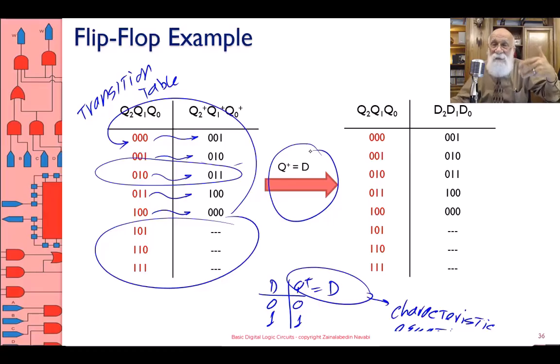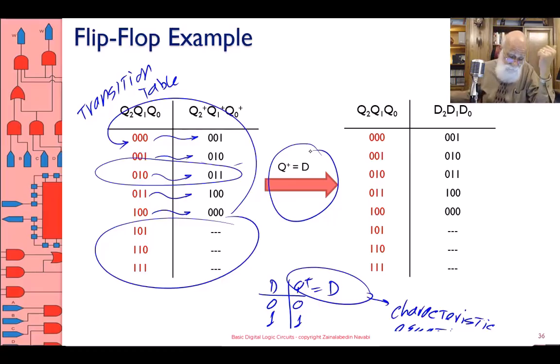If you want to make this transition table, the table on the left, put these same values on the D inputs, and then you are guaranteed that after the clock, these inputs become your next outputs. That's not necessarily the case for other flip-flops. For D flip-flops, it is.